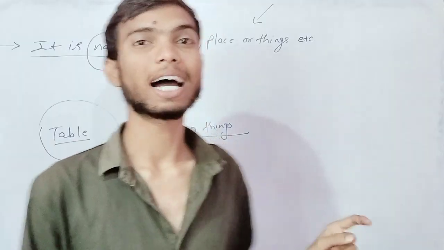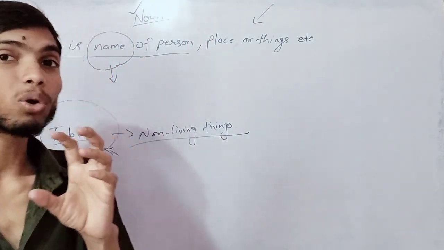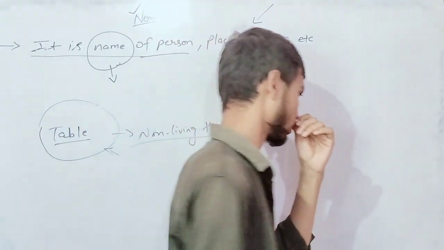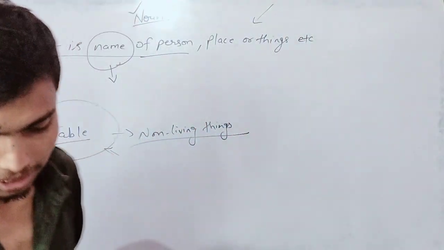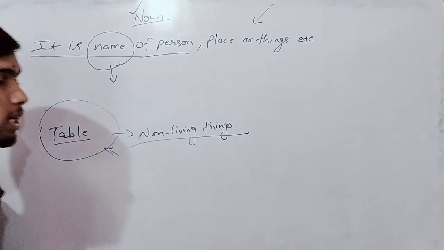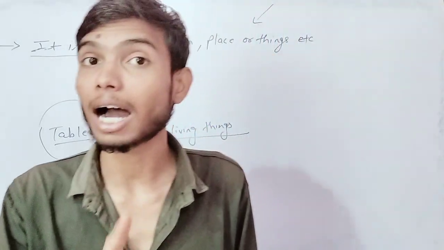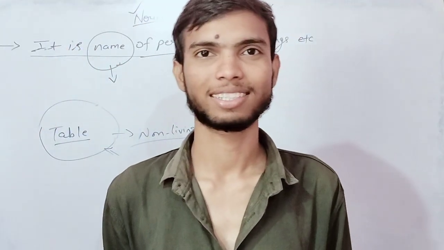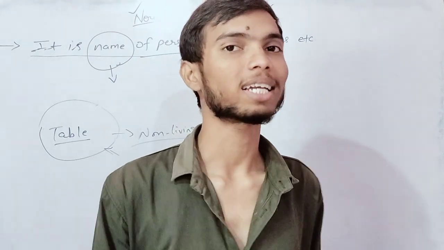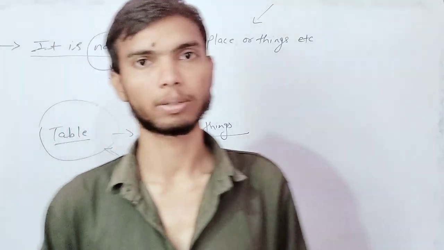That's why I wrote here place, so that you cannot get confused. Place is not a living thing. Place is also not a non-living thing. That's why it is becoming important.